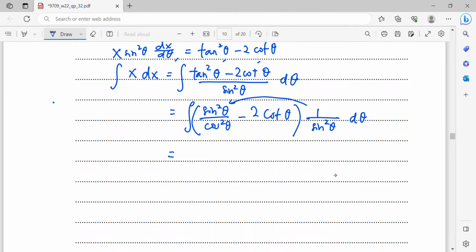When I multiply the first term, sine squared theta over cos squared theta, with 1 over sine squared theta, I basically get 1 over cos squared theta, minus, and then here I will combine back, 2 cot theta over sine squared theta.